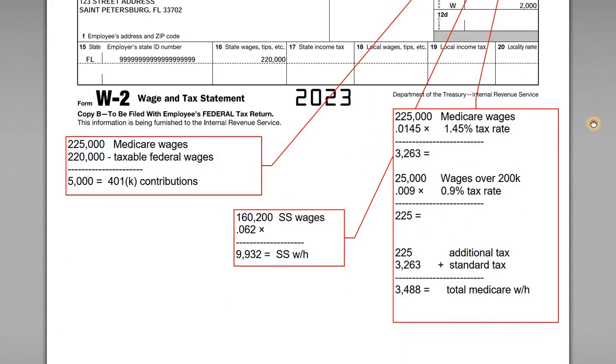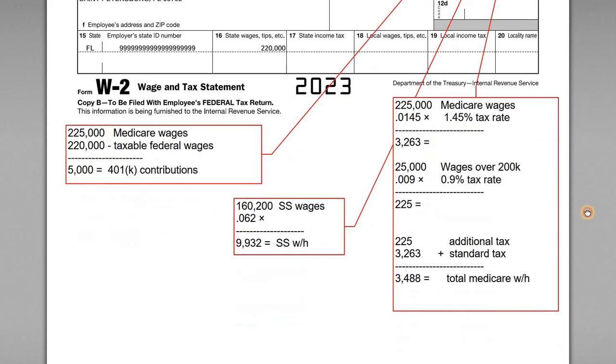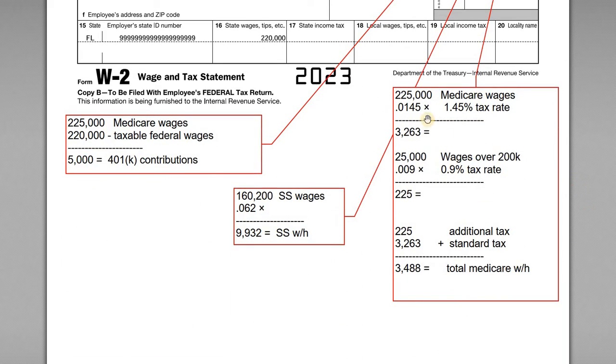So when we look at this reconciliation here, the amount of Medicare taxes withheld by the employer was $3,488, and that comprises these two amounts, right? We have the $225,000 times 1.45%, so that's $3,263, and then we have the additional 0.9% on $25,000, which are the wages over $200K.